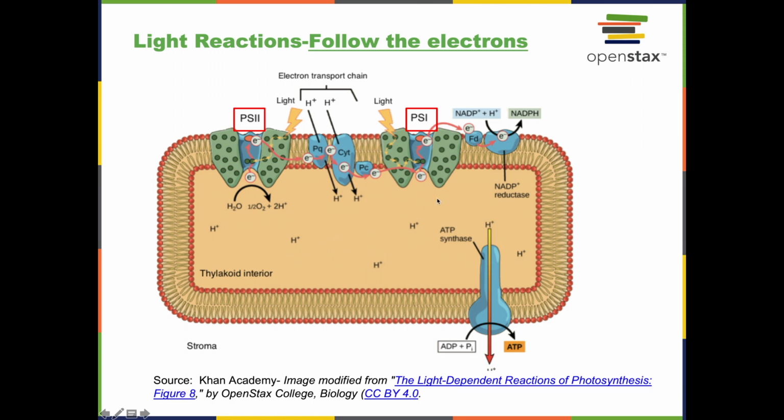These hydrogen ions are going to move through this channel, and the energy of these hydrogen ions going down their concentration gradient fuels the formation of ATP. So this is how the light reaction transforms the energy of light into the chemical energy of NADPH and ATP.